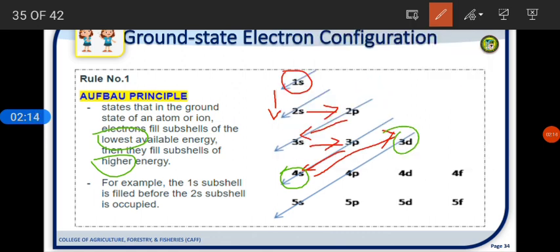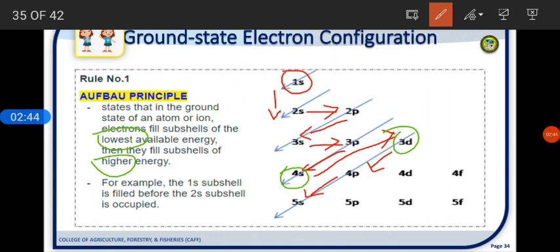Is that understood? And then from 3d, look at that one, you will go to 4p. And then next to 4p, you will go to 5s. And so on and so forth. So that is the pattern.